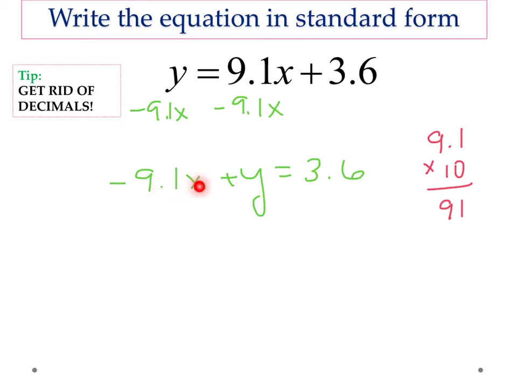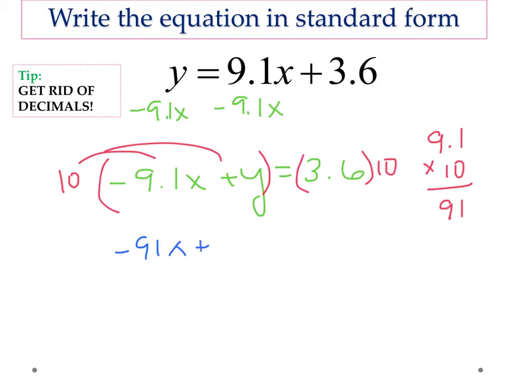So if I had one more decimal place, I would multiply by 100. So I'm going to multiply through every single term by 10. So I'm going to be left with negative 91x plus 10y equals 36. So no more decimals, so I'm almost there.